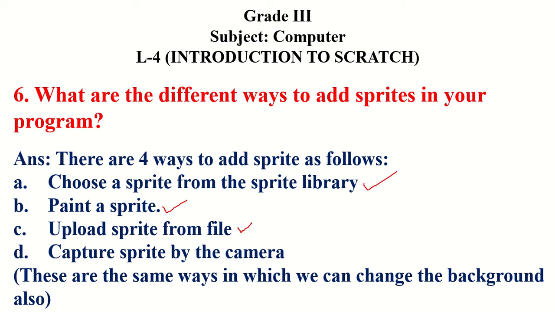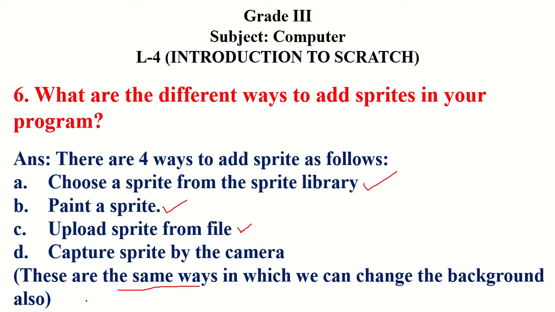Then the fourth method is to capture the sprite by the camera. With the help of the camera, you can click your photograph and that photograph can be taken as the sprite. These are the same ways in which we can change the background also.